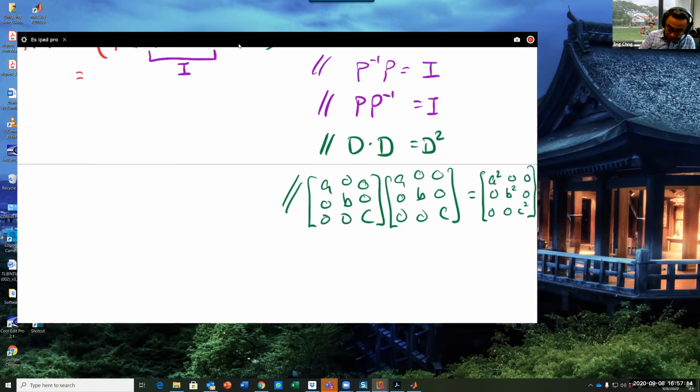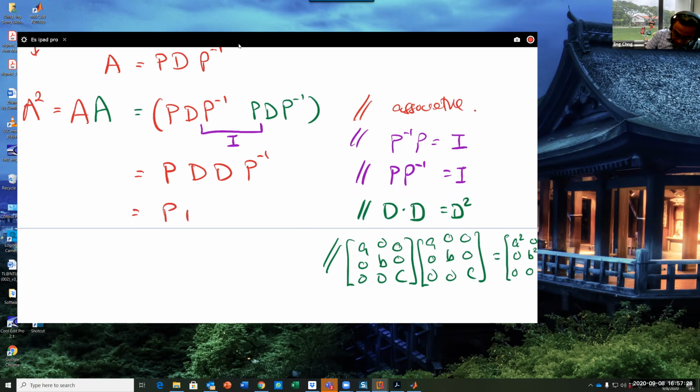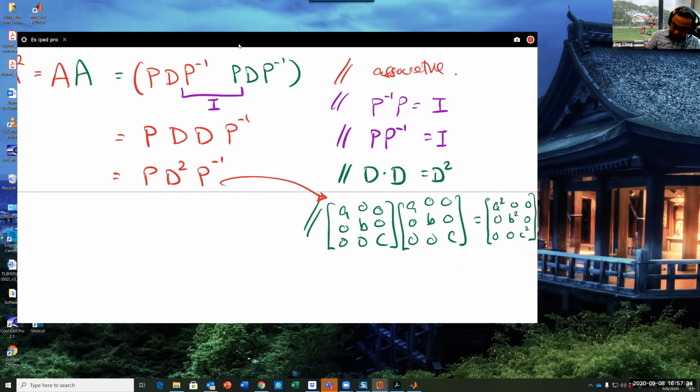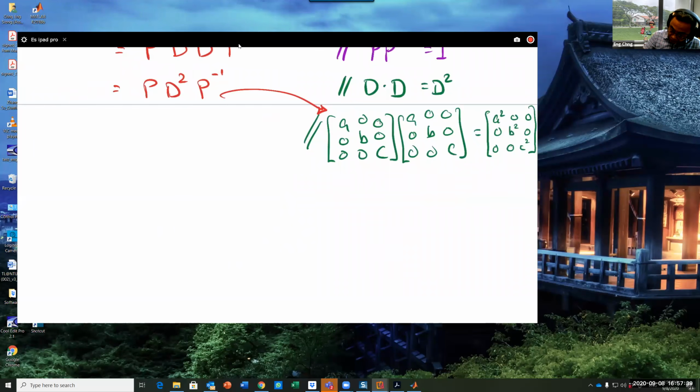Okay, so this is what we are after: P D D P minus 1, P D square P minus 1, and we have seen that the diagonal is easy. All right, the diagonal is nothing but equals to this guy. Okay.